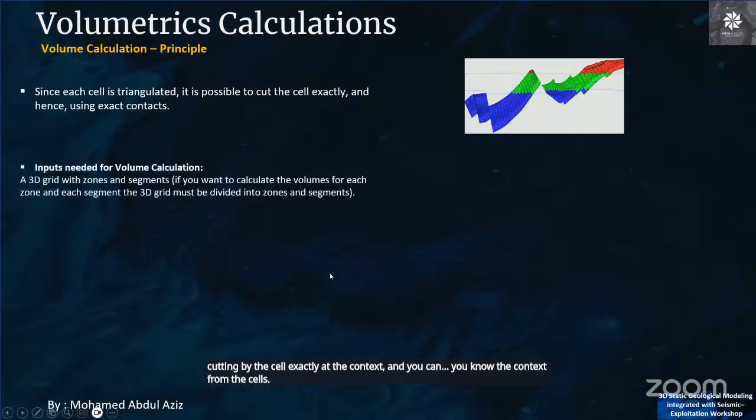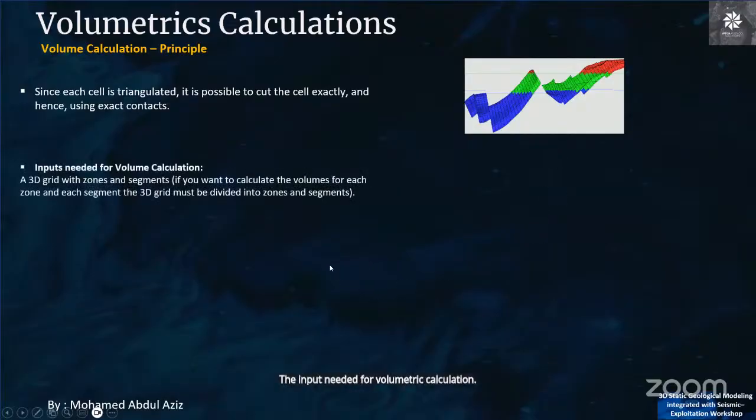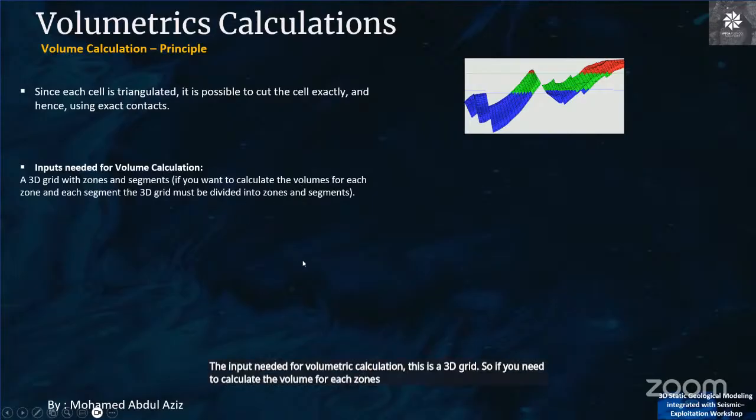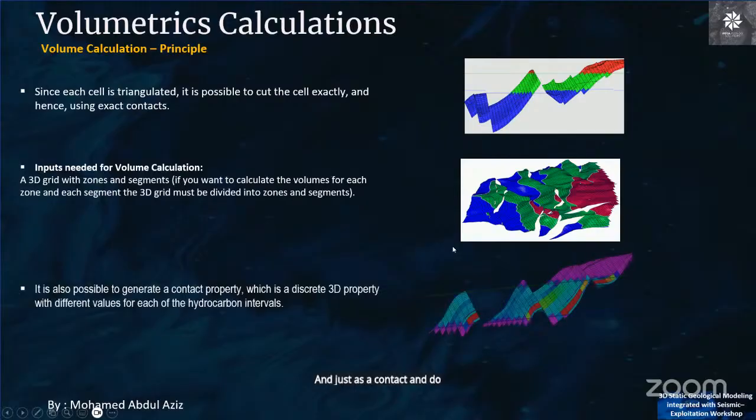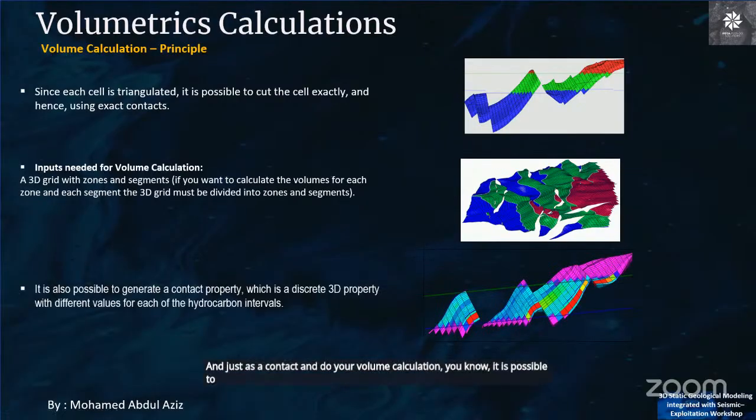The input needed for volumetric calculation is a 3D grid. So if you need to calculate the volume for each zone, for each segment in your models, you can calculate it after defining the contacts. You can go for the volumetric calculations and adjust the contact. It is possible to generate a contact property and make different realizations.